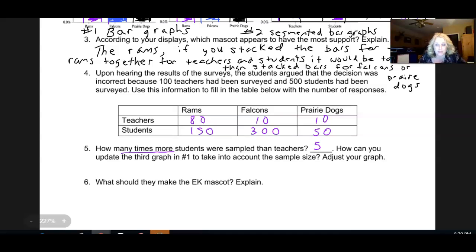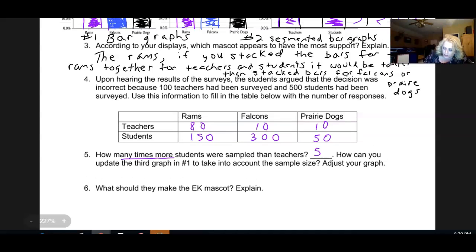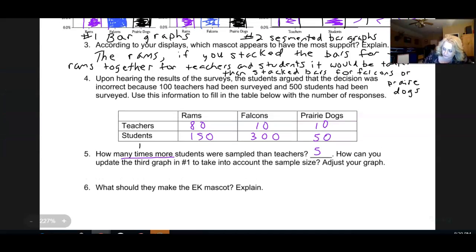There were more people that chose Falcons. If you look at these totals, I'll just write in here total. The total was 230 here, it was 310 here, and it was 60 here. Now when you look at the stack, clearly more people voted for the Falcons, right?